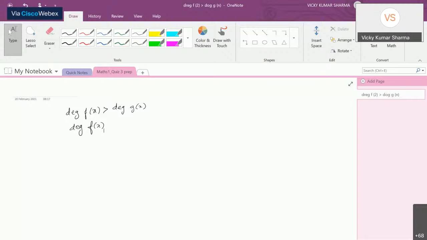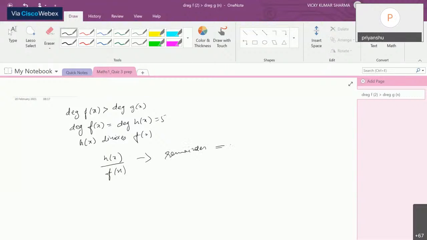So the degree of f of x is equal to the degree of h of x, and that is given as 5 here, and it is told that h of x divides f of x. So when h of x divides f of x, what will be the remainder here?